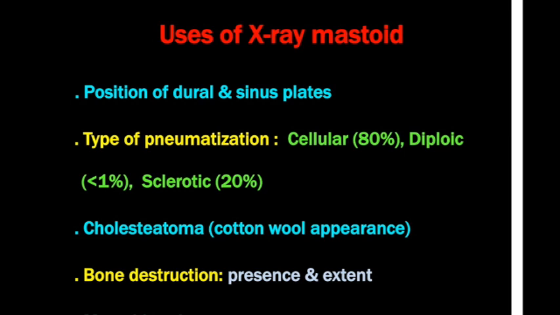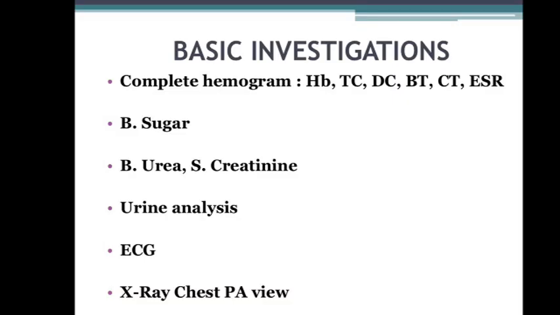That is not normal. That means either this patient has previously had an episode of mastoid abscess. The abscess has drained out. Now what remains is a big cavity. So these are all the features which you can see in an X-ray mastoid. So this was to cover your radiological aspect.